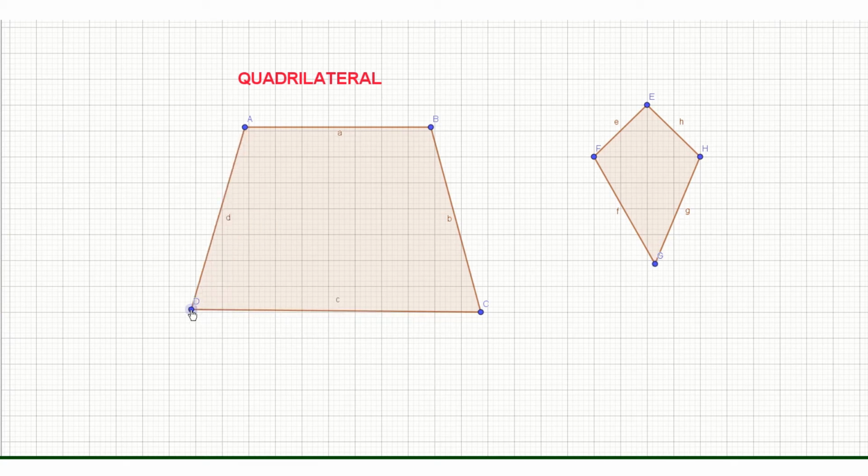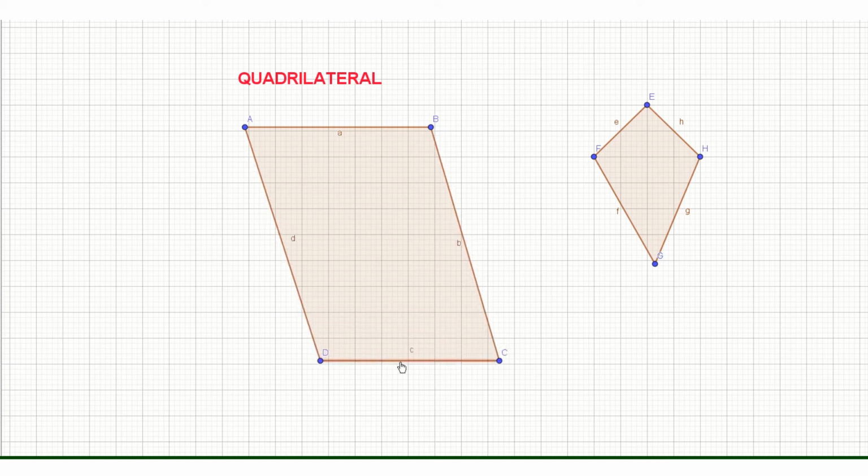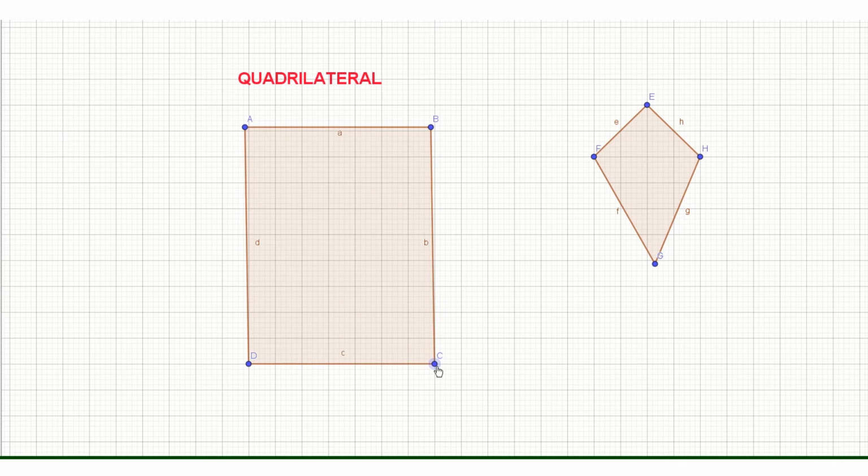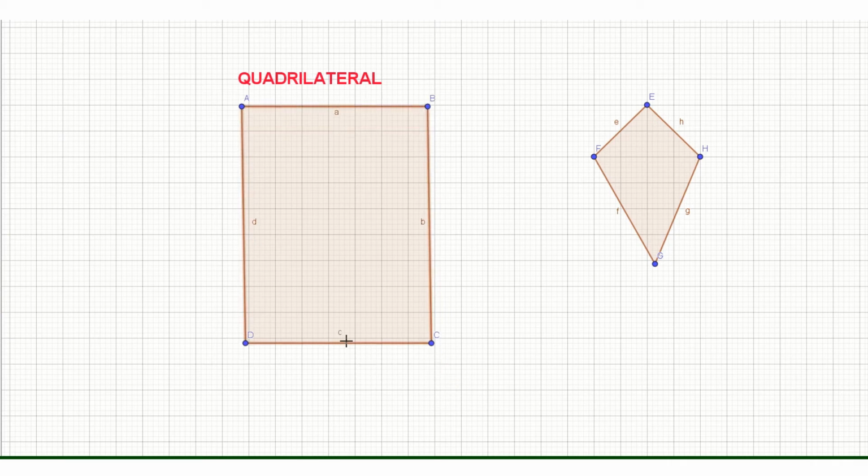Then I told you how a trapezium looks like. It's a trapezium. Bring it this side. It is like this is a parallelogram, and this one is a rectangle here. Okay, then I told you what a square was.